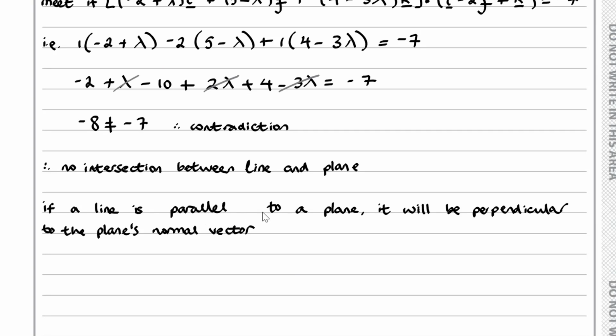So if a line is parallel to a plane, it will be perpendicular to the plane's normal vector. Okay, hopefully that makes sense. So if you've got your plane and then you've got perpendicular to that plane a line, then the line would be parallel if that line is perpendicular to the plane's normal. Maybe if I draw that out, which I'll do now.